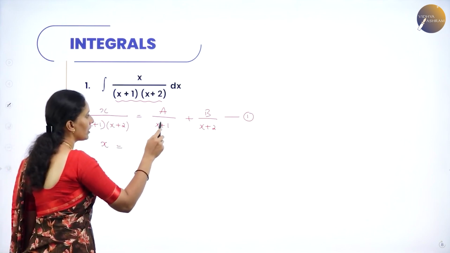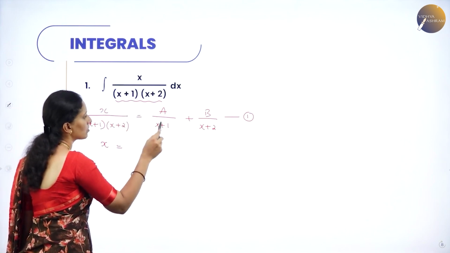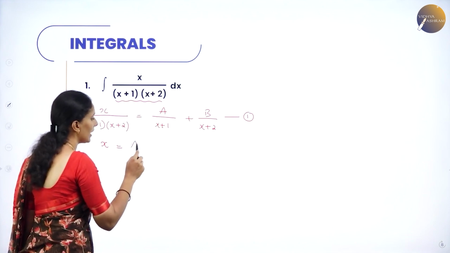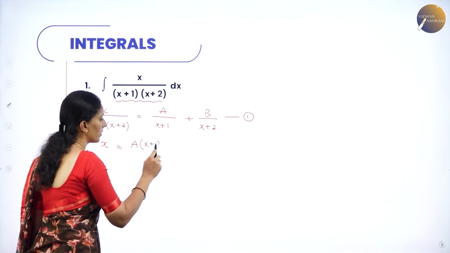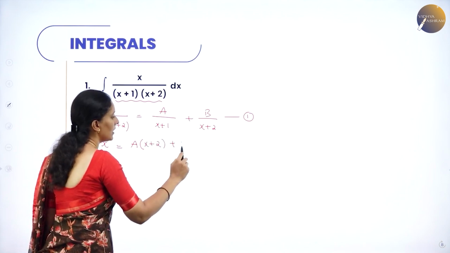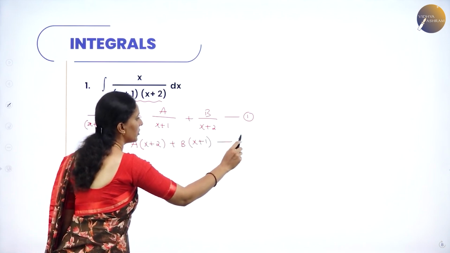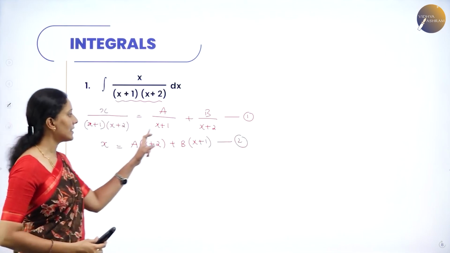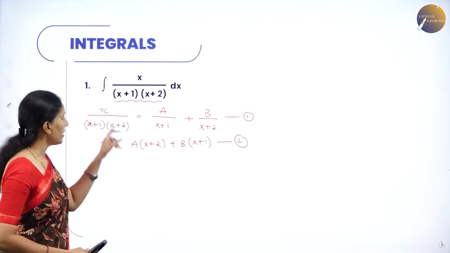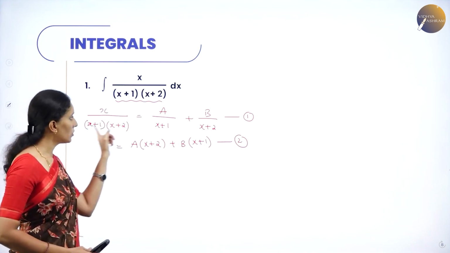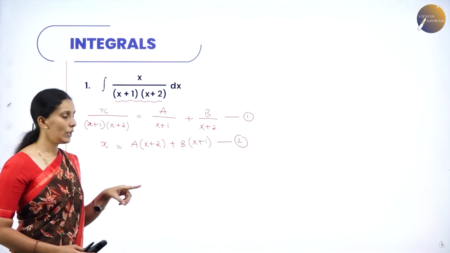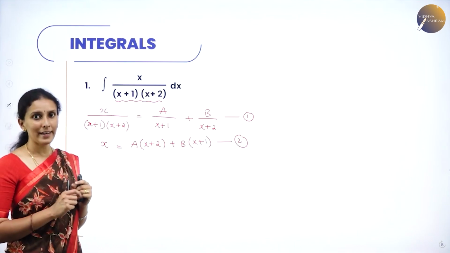Here when you multiply, x plus 1 cancels, and you will get a into x plus 2 plus b into x plus 1. So this is the equation you will get, when you take the LCM on both sides or multiply the denominator throughout the equation.